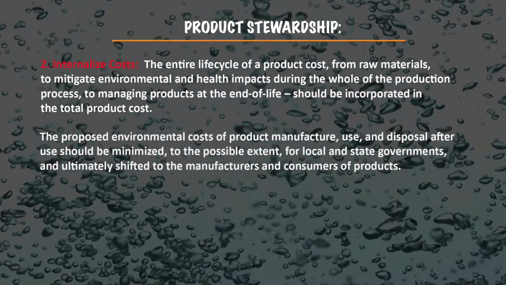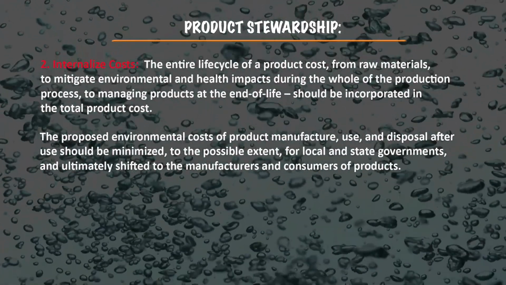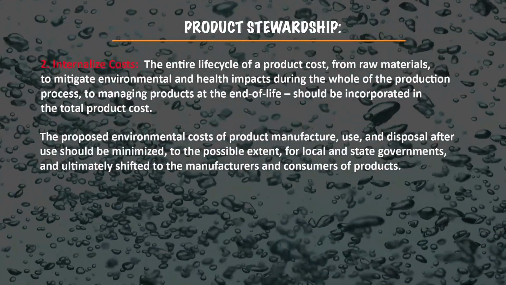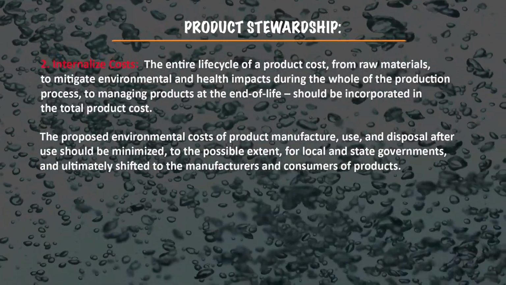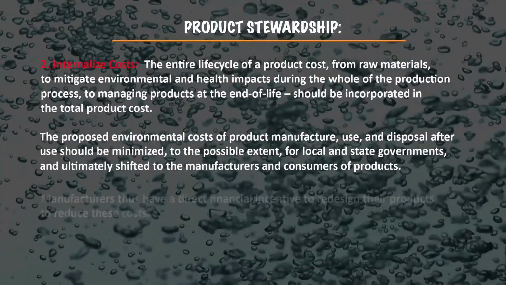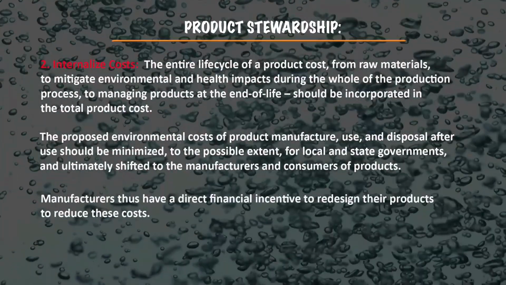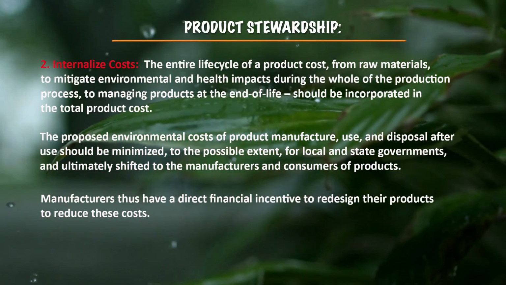The environmental cost of product manufacture, use and disposal after use should be minimized to the possible extent for local and state governments and ultimately shifted to the manufacturers and consumers of the products. Manufacturers then have a direct financial incentive to redesign their products to reduce these costs.